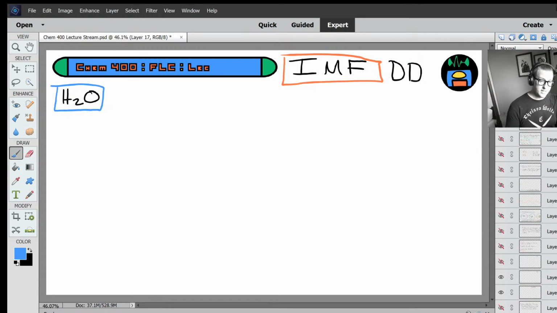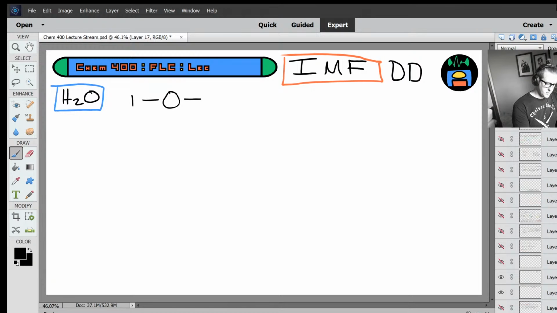Because as we'll see, it's possible, not in this example, but the one after, to have polar bonds and to have a nonpolar molecule. The geometry has something to say in that. All right, so let's look at that in a moment. First, let's look at H2O. All right.